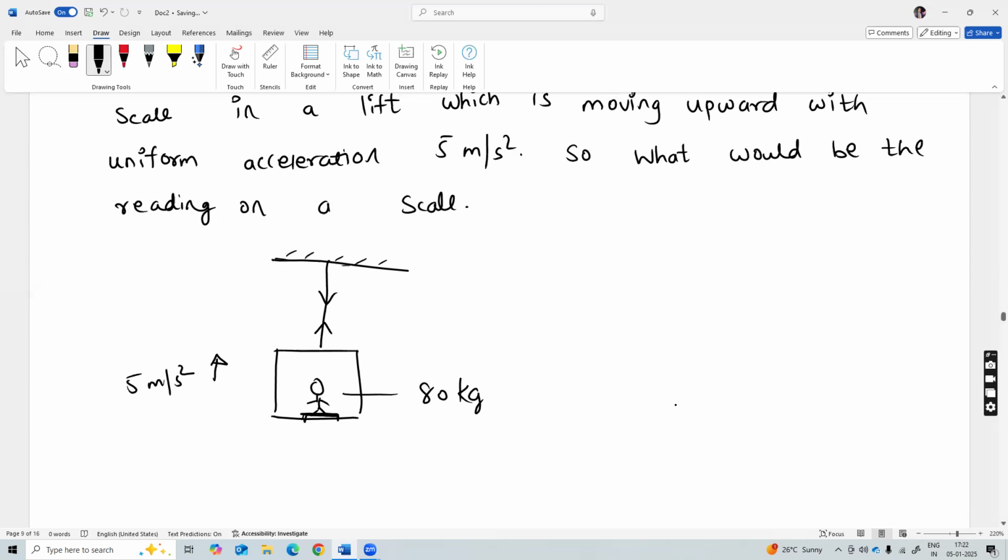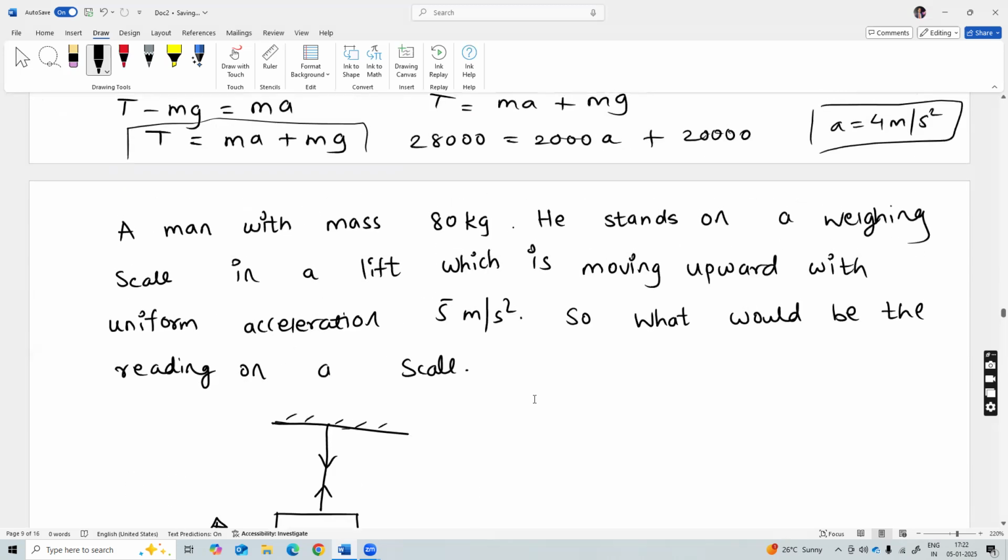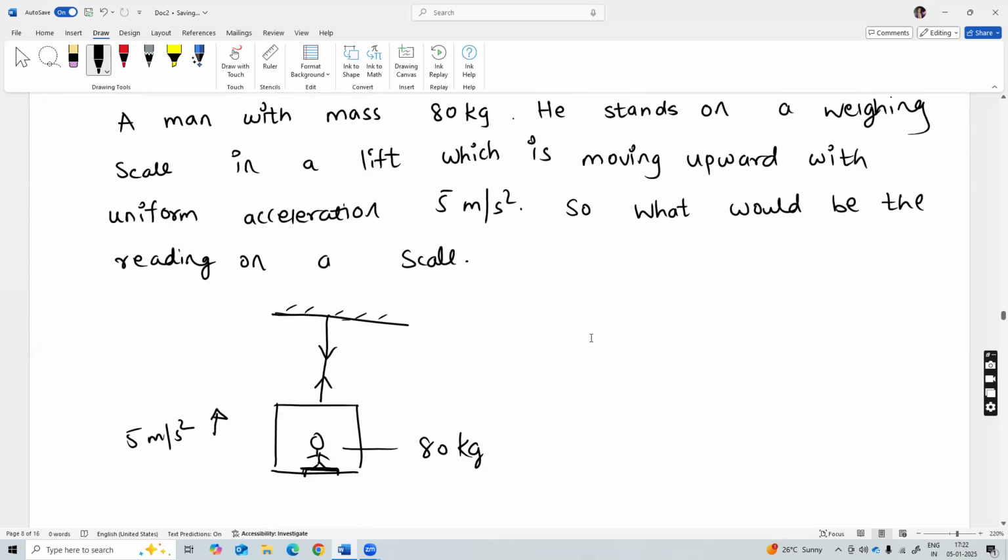Whatever will be the normal reaction on this man, that is equal to the reading on the weighing machine. So now if we draw the FBD of this man, let's say N is the normal reaction, which is the reading on the weighing scale, and he's moving with acceleration 5 meter per second square.